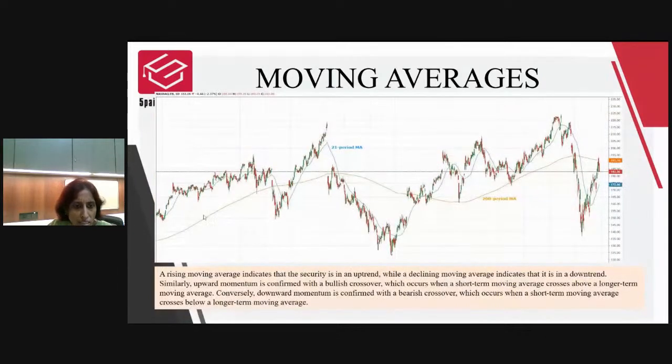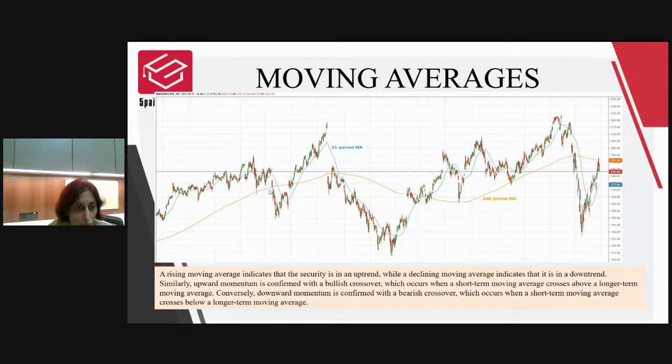Now, rising moving average. As you can see over here, whether it is a 21 period moving average or a 200 period moving average, how will you use it for your decision making? A rising moving average indicates that the security is in an uptrend. You see this? Rising moving average.